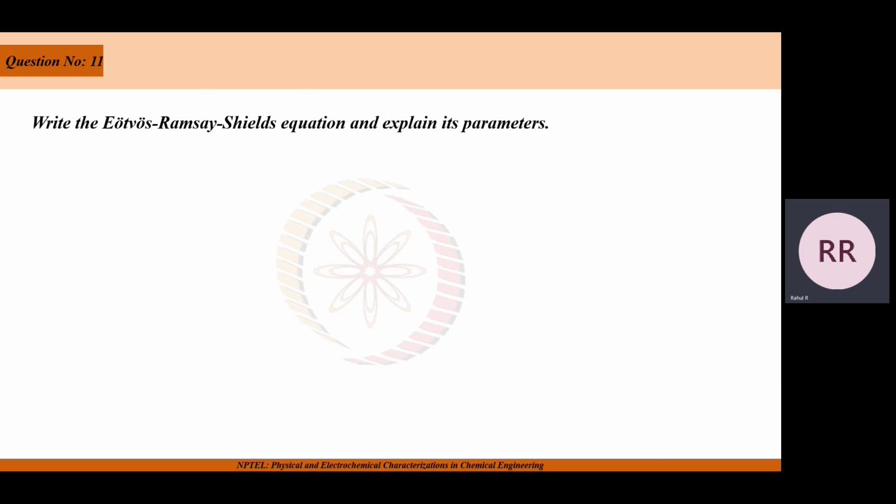Write the Ramsey-Shields equation and explain its parameters. So you need to write the equation and explain what those parameters are. Let me give you a few seconds.